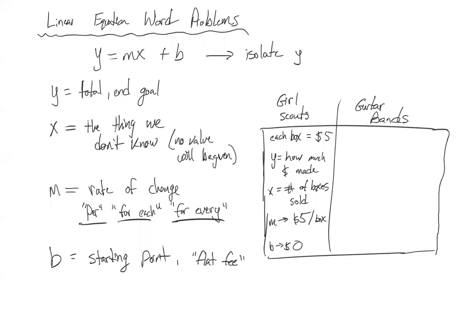Now let's say a guitar band is at a record label, and the record label tells them, all right, guys, we're going to pay you. You're a pretty small band. You're not selling a lot of records. We're going to pay you $200 a month and $5 for every record you sell.